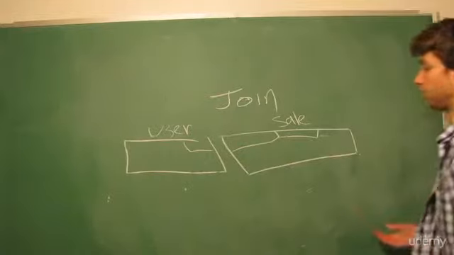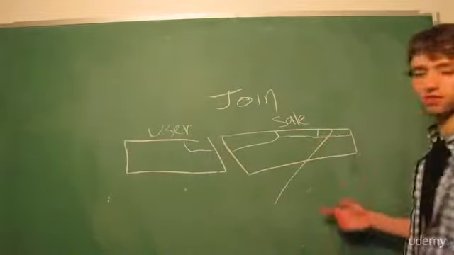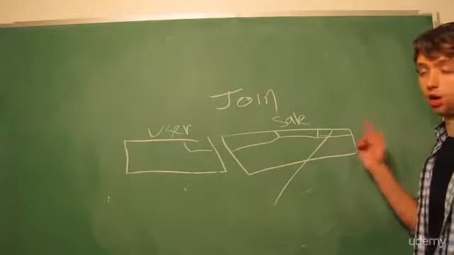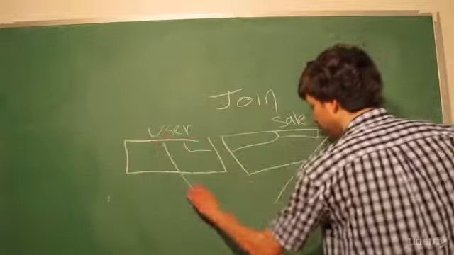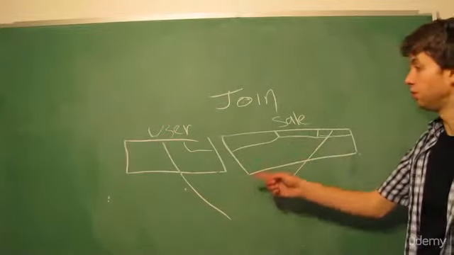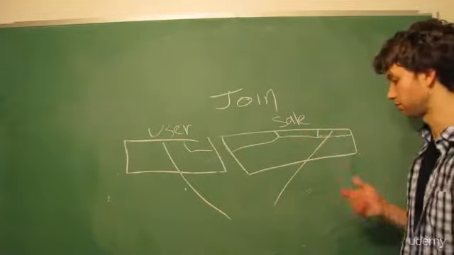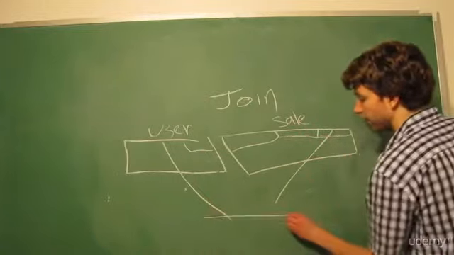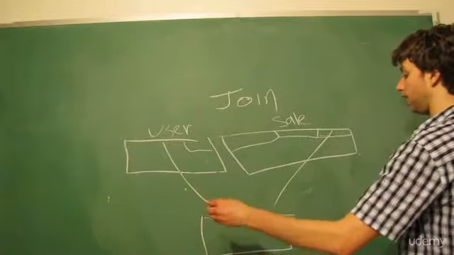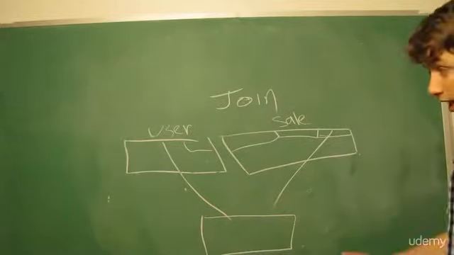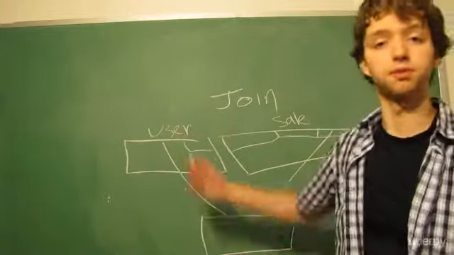We can do a join here. We could take the objects that the person bought, as well as the name of the person who bought it, connected by the user ID, which we'll talk about more. Then we can get a new view which has the name and the items that that name bought. And it's all talking about the same entity, this user.